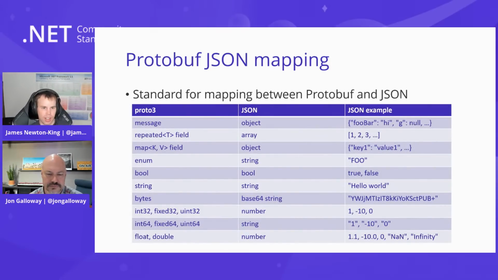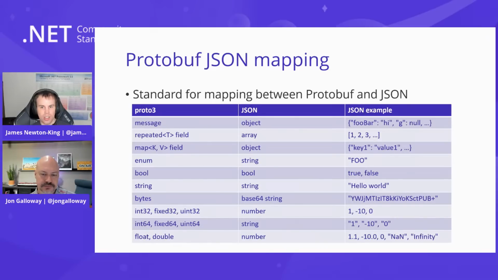Our message, so hello request and hello reply, that's the standard building block of gRPC, and is serialized as a JSON object. The fields on the message are the name, and then the value is the value in the JSON object. Repeated fields are like list collections, and those are serialized as a JSON array.